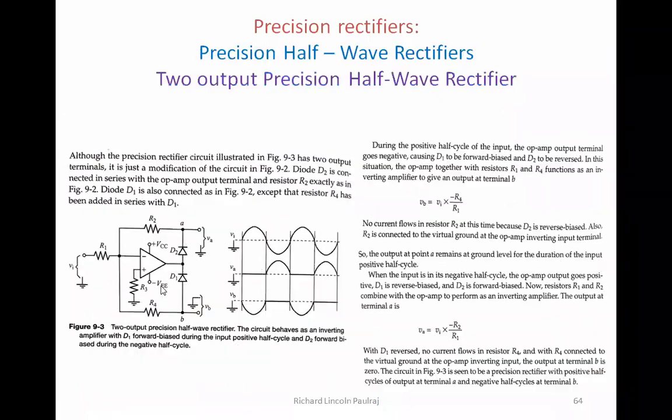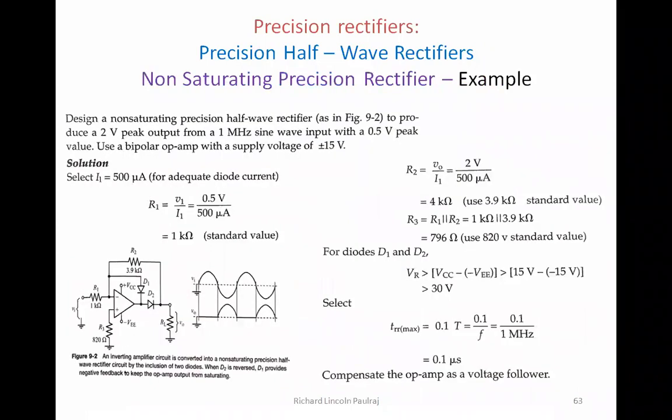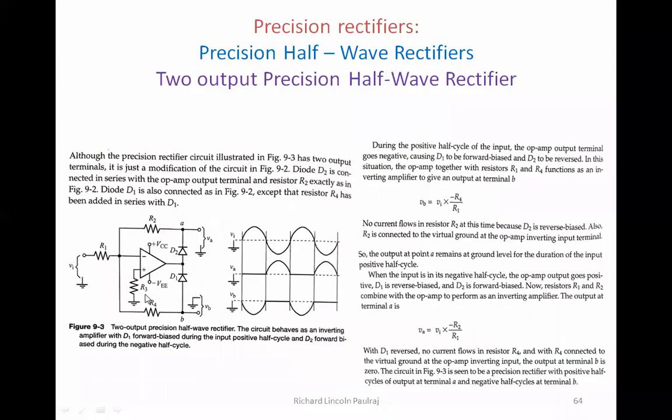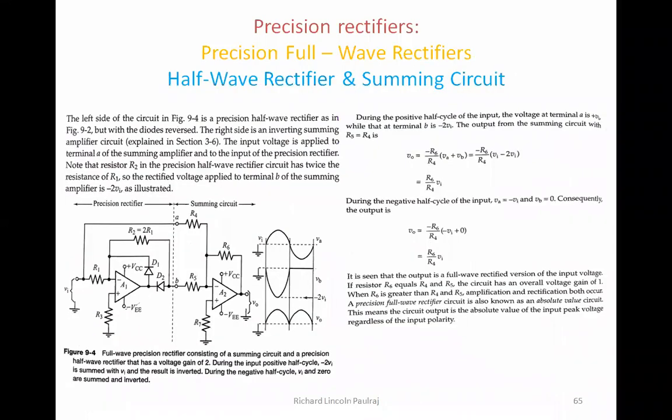You can see in this non-saturating format, the anode is connected to the output of the op-amp, and the cathode is actually connected to the output, or you can say to RF. The way in which D1 and D2 are connected is actually reversed here in this half-wave rectifier and summing circuit.